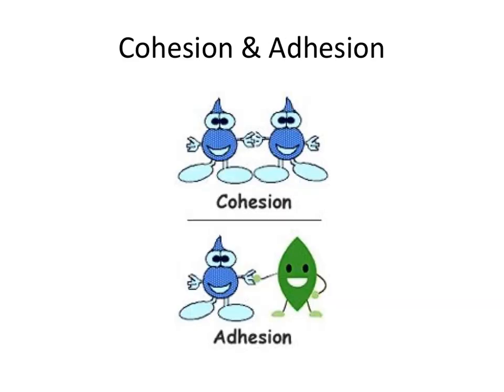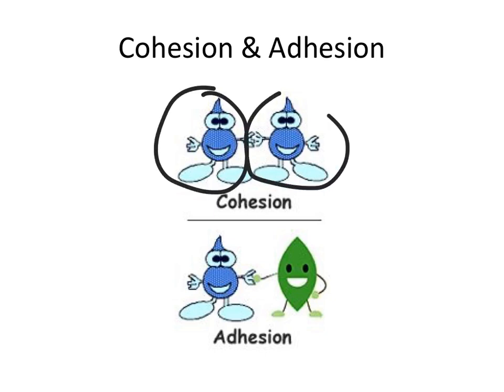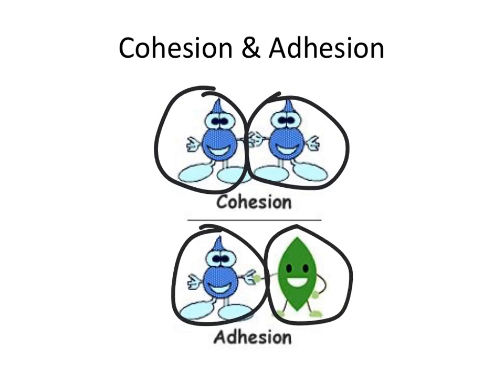So to summarize, cohesion, looking at these cutesy little pictures, is two of the same substance bonding together, so I have two water molecules, where adhesion is the same idea, but it's two different polar substances. So water and something else, maybe glass, maybe paper towel.